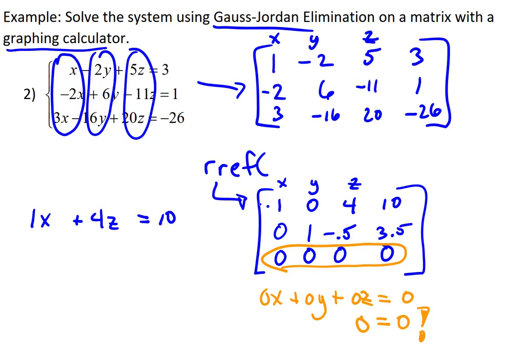So that's just the first row of our result matrix turning into an equation. But we want to do that with the second row as well. Now notice that's 0, 1, negative 0.5, 3.5, so that would mean 1y, or just y, minus 0.5z equals 3.5.